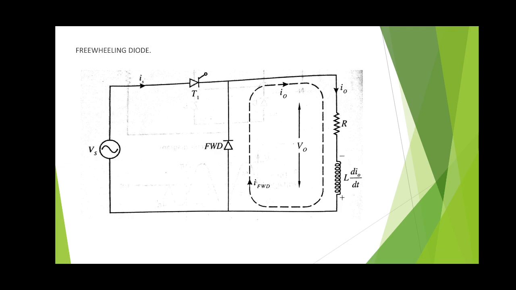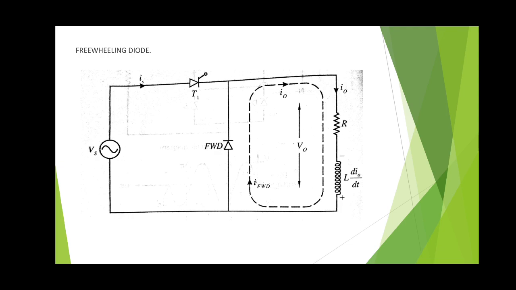The freewheeling diode is used to circulate the load energy in the load itself. The freewheeling diode gives the path for the load current. So when we observe this circuit diagram, we observe that the freewheeling diode is connected in parallel with the inductive load.